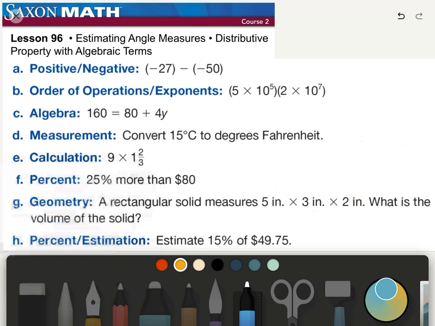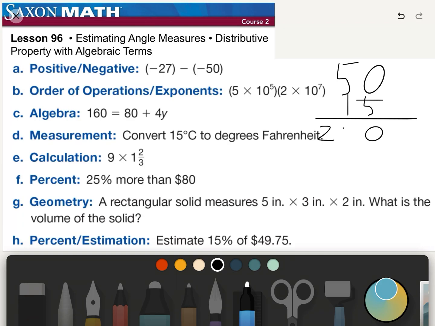Estimate 15% of $49. Well, we can just say $50 since we're estimating. And not sure of a shortcut to get this into a purely mental math form for us.